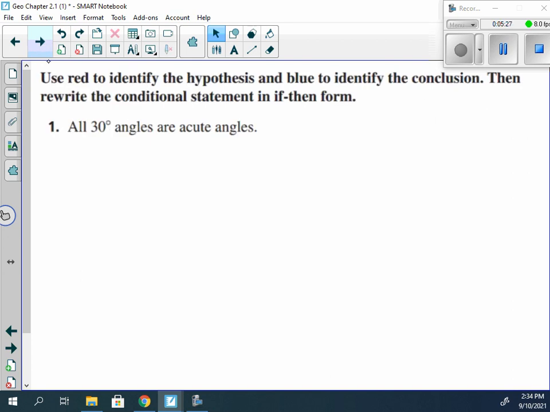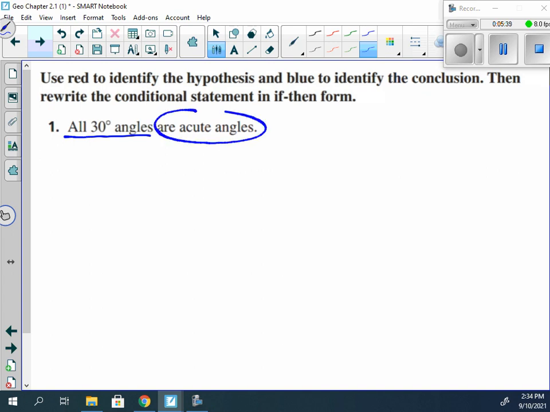All 30-degree angles are acute angles. So what's the hypothesis? Let's do hypothesis and conclusion first. So all 30-degree angles would be the hypothesis, and acute is the conclusion. Now, I heard some of y'all already start the if-then statement. So if what?